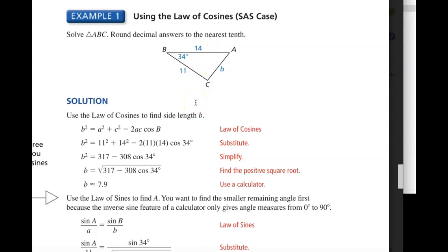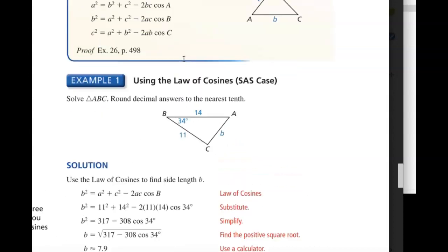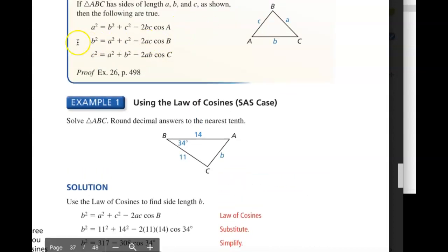So in this case, what we have to do is recognize that since we have angle B, we're going to use the second equation where we take the cosine of that angle, multiply it by 2 times side A times C, and subtract that from A squared plus C squared.